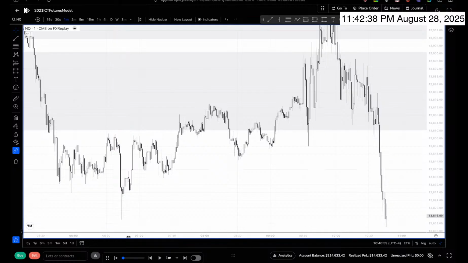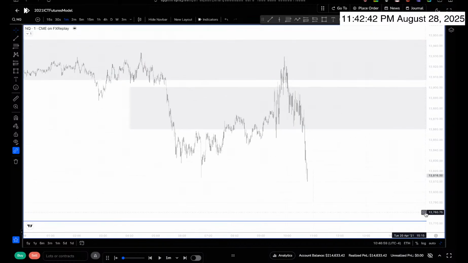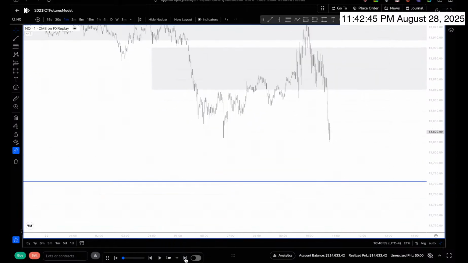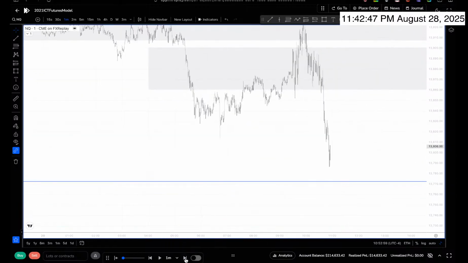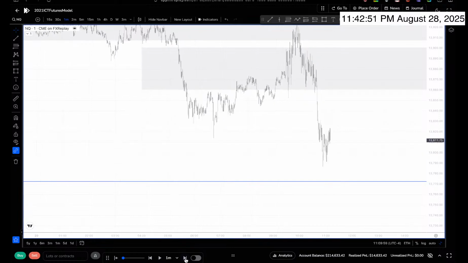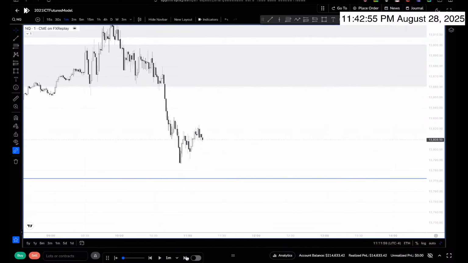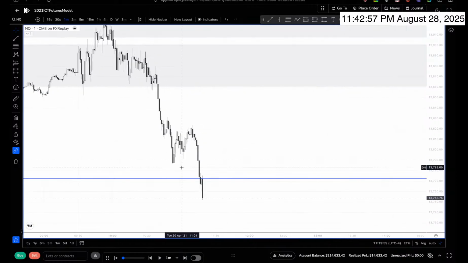Take out this low from the morning. I don't know if the full daily range will expand there. Let's wait and see. So you can see we end up taking out the low.